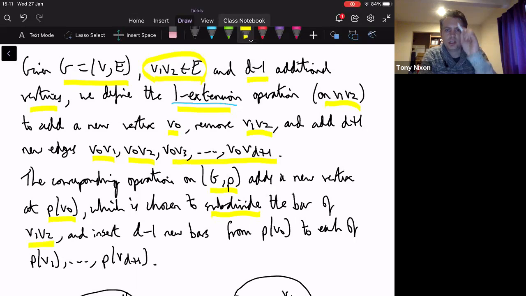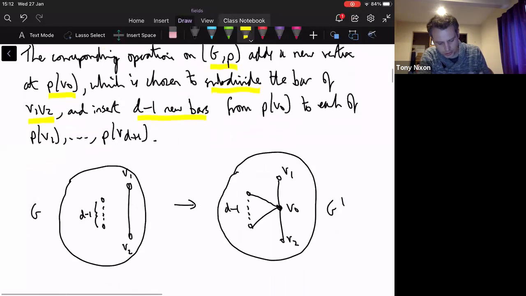So I'm inserting it and deliberately making PV1, PV0, PV2 collinear, okay? And then I insert the D minus 1 additional bars from PV0 to PV3, PV4, etc., down to PVD plus 1. Okay, so here's a picture. So as we've seen, hopefully it's relatively clear, but just to double check, here's the edge V1, V2.